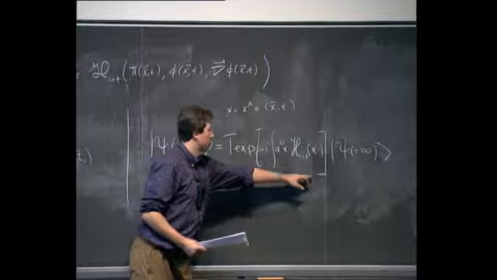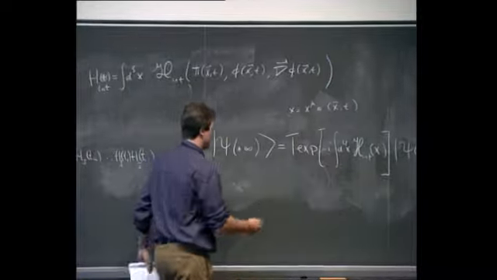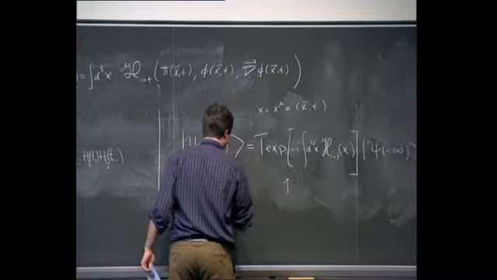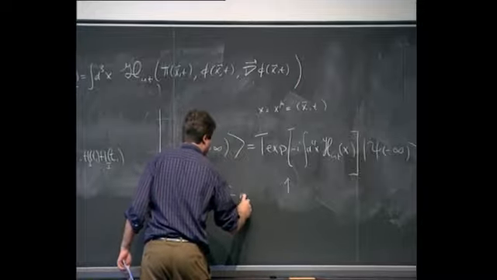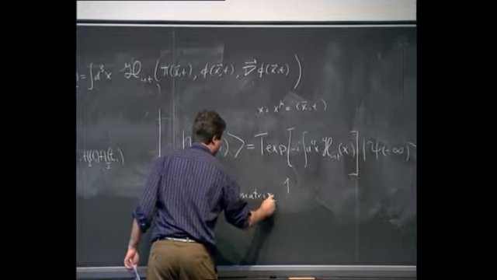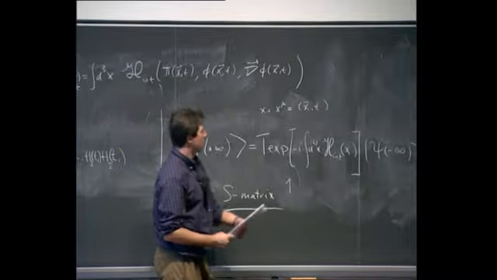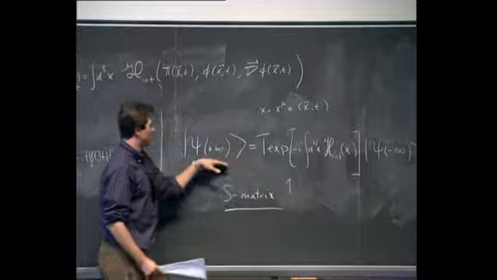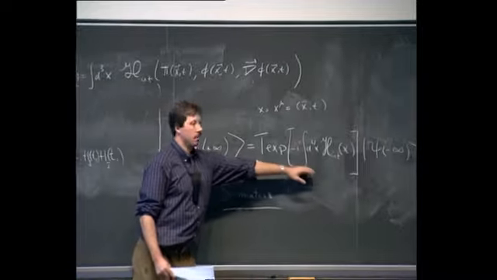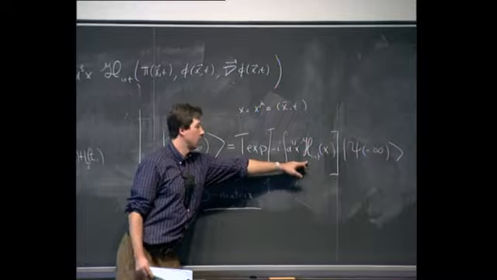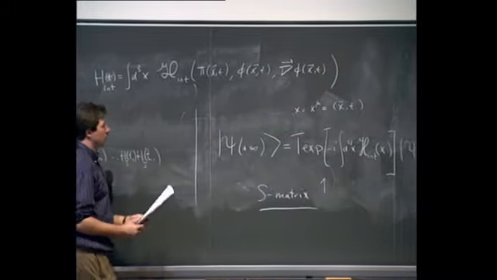And the object which I have here is called the S matrix, because it describes the relation between the initial states and the final states, and describes the interaction part of it, because it only depends on the interaction Hamiltonian and not on the free Hamiltonian.